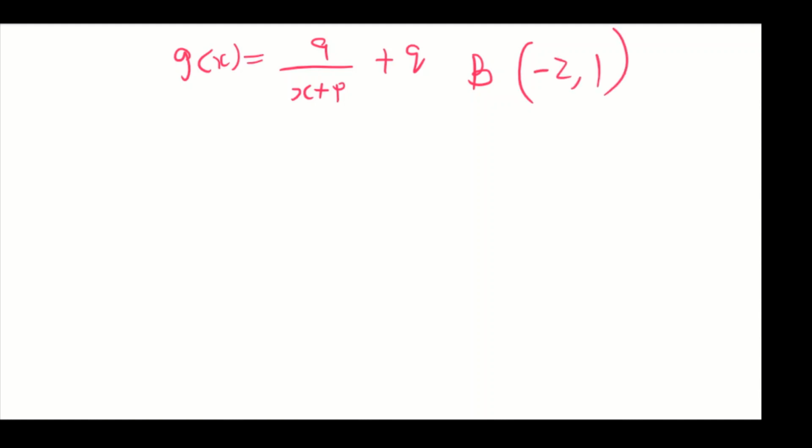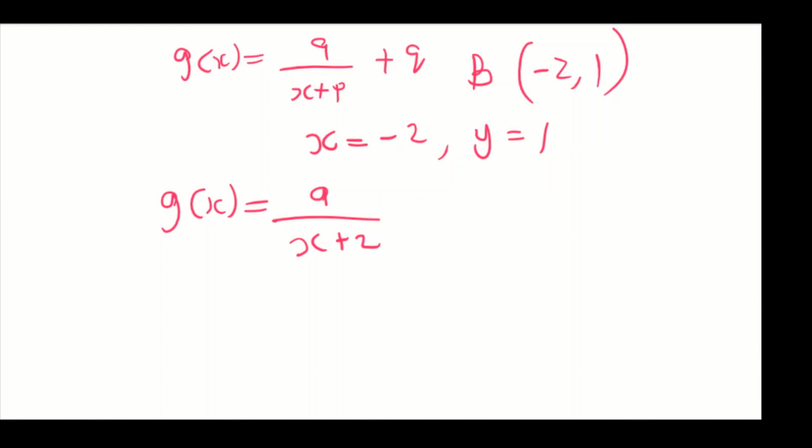So this tells us that our vertical asymptote x is equal to minus 2, our horizontal asymptote y is equal to 1. So if we substitute in our equation of g, we have a over x plus 2 plus 1.